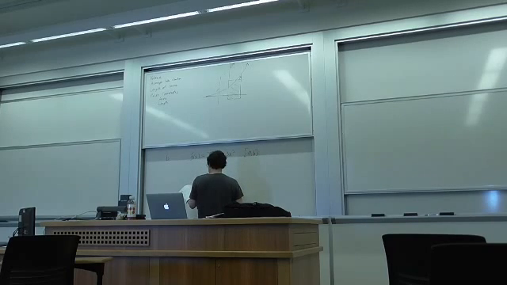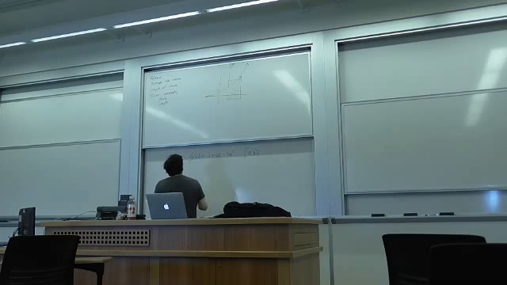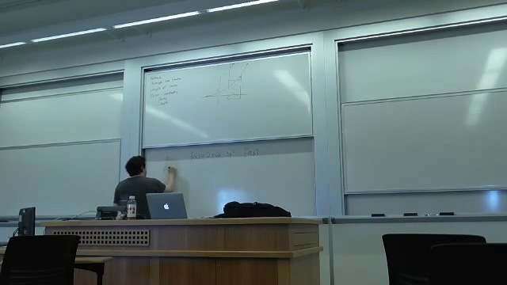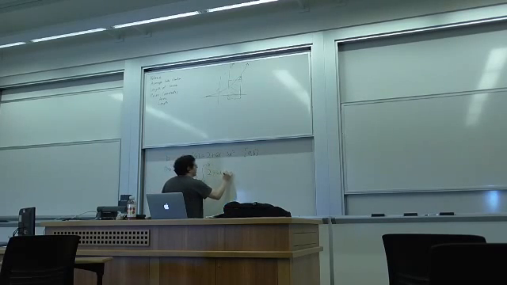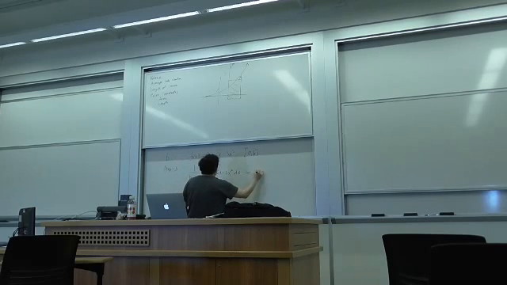So they want the average value to be 3. Let's look at the formula here. It's 1 over b minus 0, integral from 0 to b of 2 plus 6x minus 3x squared dx, right? And we want that to equal 3.